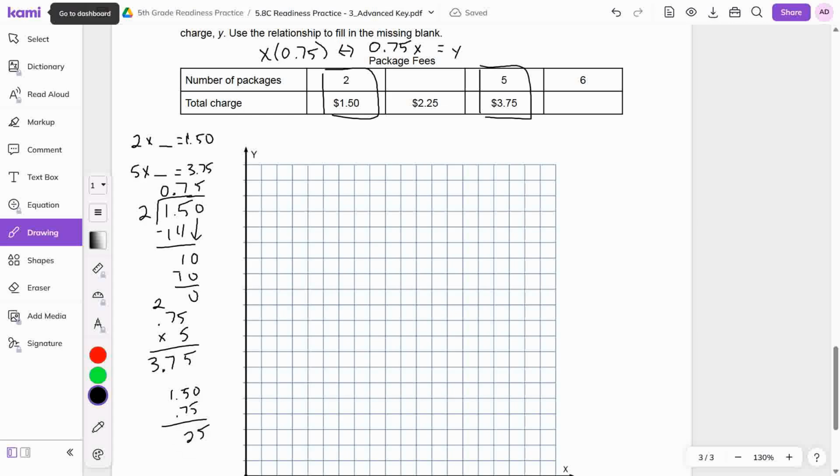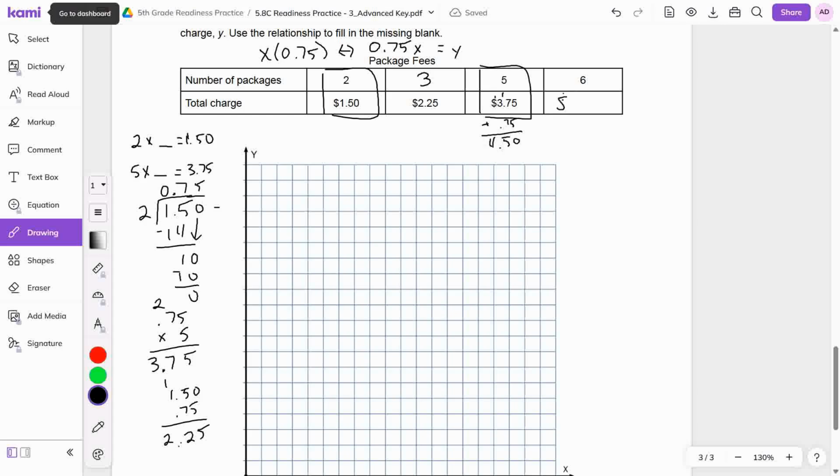And that's going to be 5, 2, and there we go, 2.25. So I added a 0.75 to the 1.50 because the 1.50 is my multiply by 2. That means this is going to multiply by 3. And then for 6, I could multiply 6 times 0.75, or why not just add 0.75 to the 5? We're just adding another 0.75, so let's not work harder if we don't need to. So that's going to be a 10, it's a 15, 450.